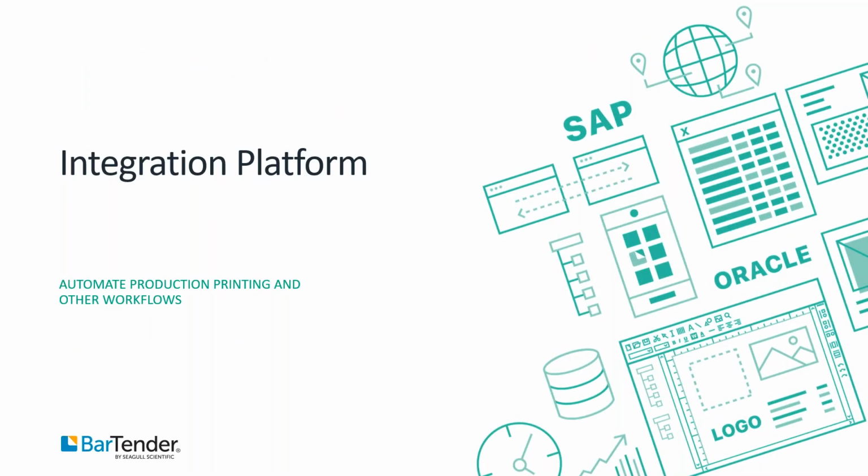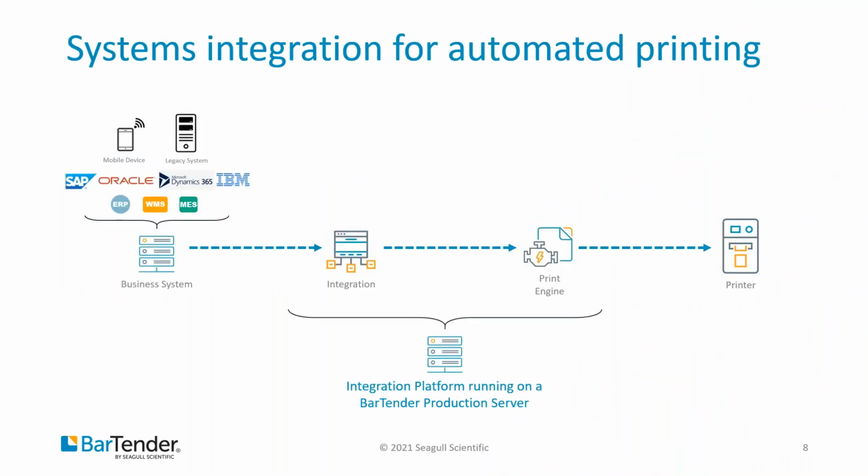Okay, let's look at the integration platform itself now. From a high-level view, we have a business system on the left of various different types, and the integration platform is designed to work with all manner of different business systems. And we have a printer, typically a barcode label printer, on the right.